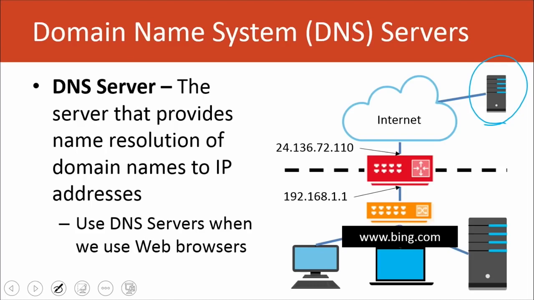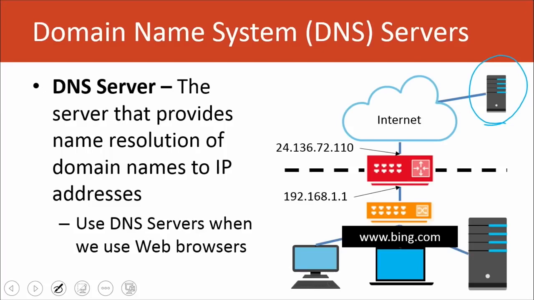And so what we need, though, is something to take that name and translate it into an IP address so that we can access the Bing server, because it's not called Bing.com. The server actually has an IP address.